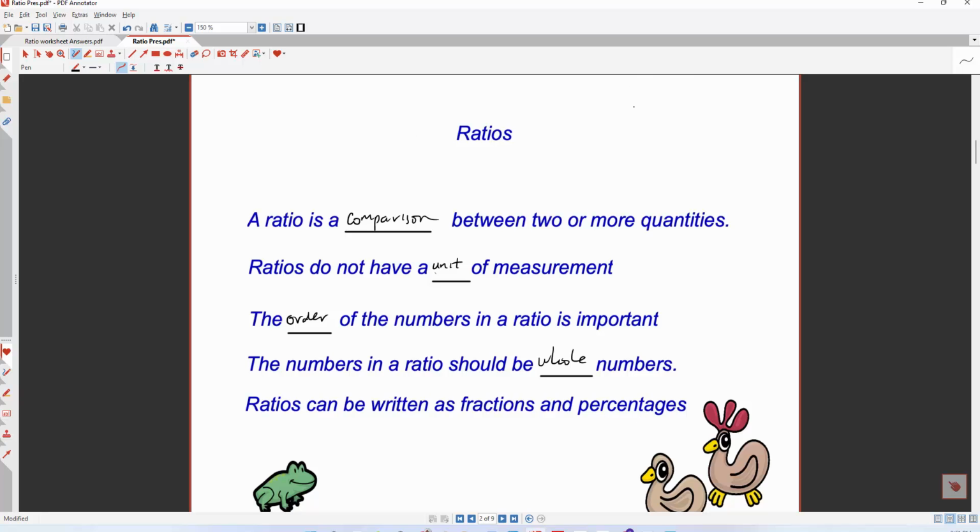Now, a common ratio you might have seen is a ratio of 1 to 1. And that means basically for every one thing, we have the same amount of the other thing. That might be a mix of a drink, perhaps. If you're making a drink that needs to be mixed at a ratio of 1 to 1, it might be 1 part cordial to 1 part water.